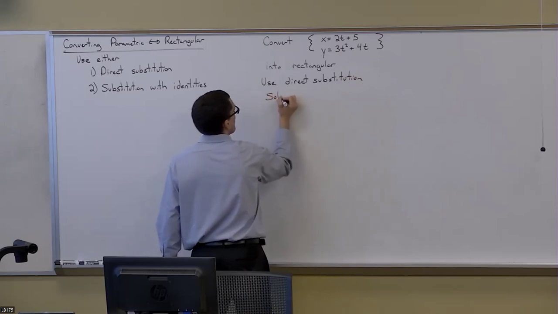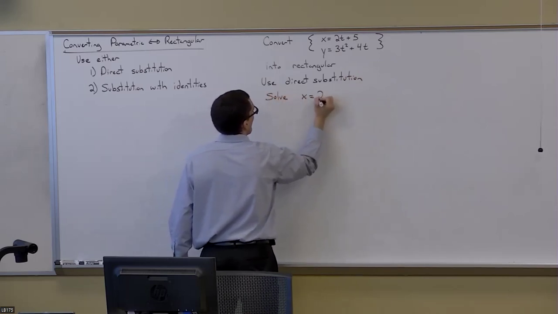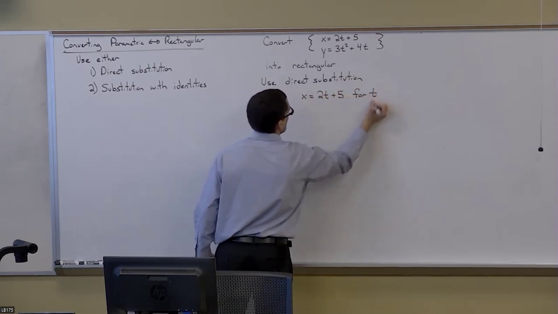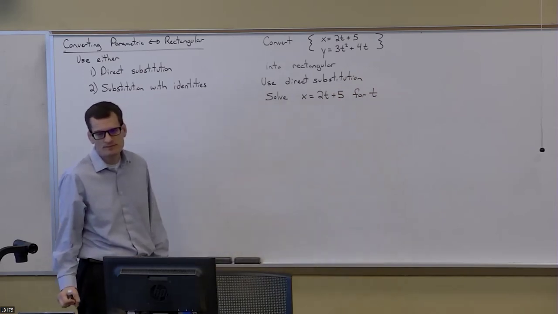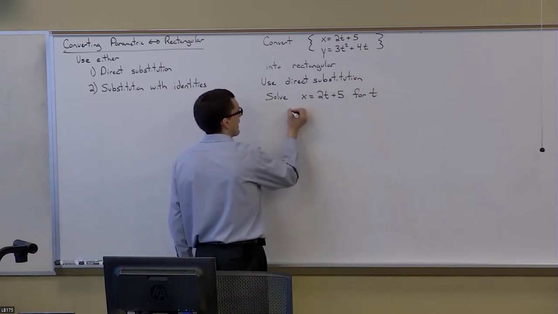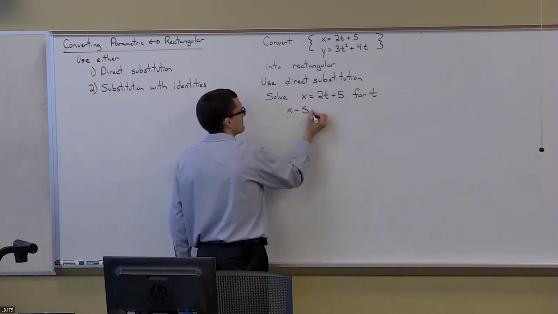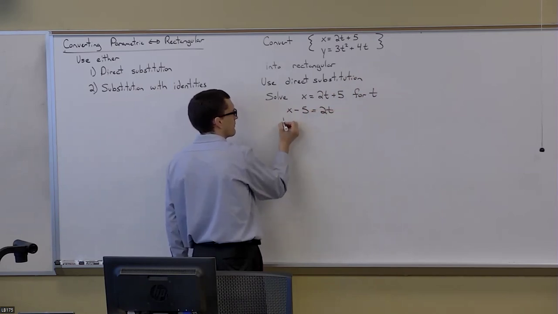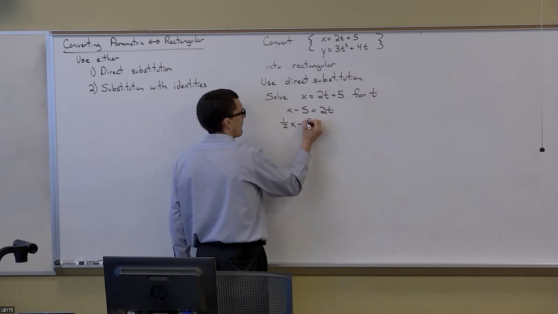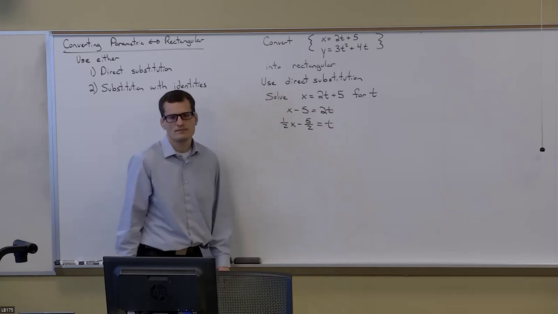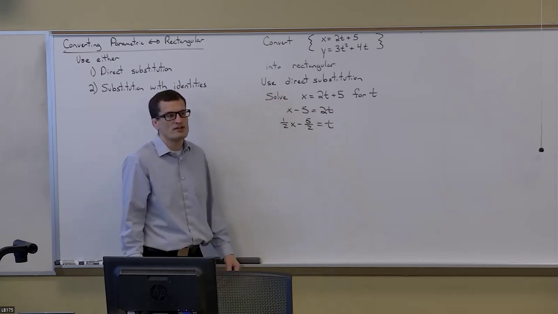So we're going to solve for t. Subtract 5 from both sides. Then divide both sides by 2. And then what am I going to do?